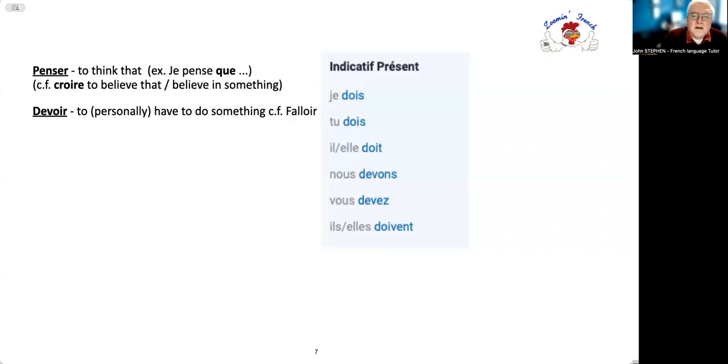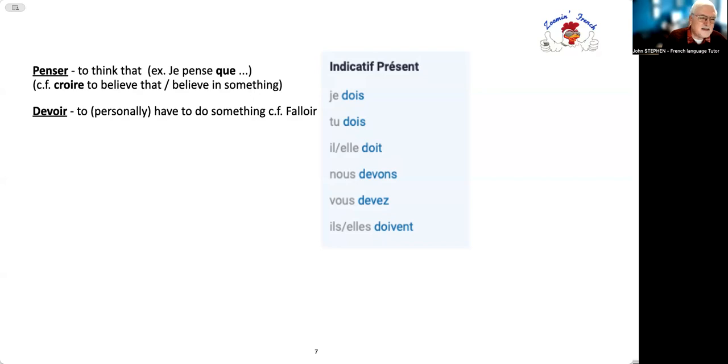So you can see the conjugation: je dois, tu dois, il doit. But then suddenly we move into nous devons, vous devez, and then ils doivent.